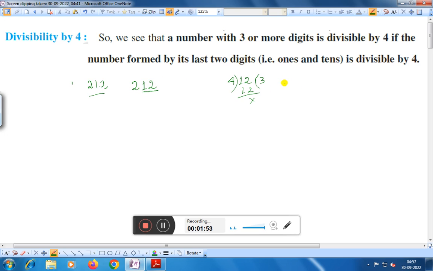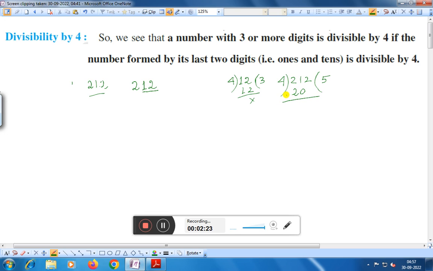Let us divide 212 by 4. Now 21: 4 fives are 20.